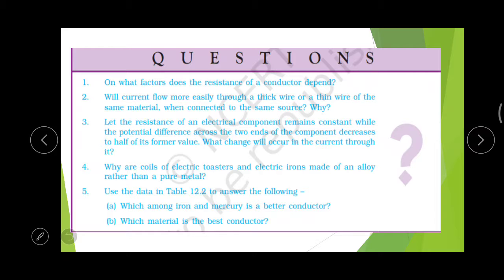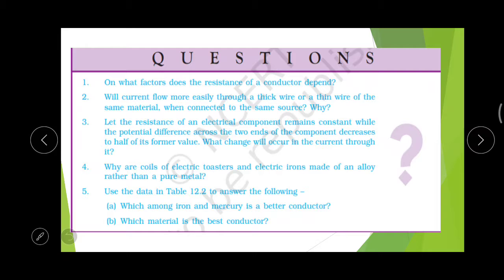Now the second question is, will current flow more easily through a thick wire or a thin wire of the same material when connected to the same source? The same material means rho is the same, the same source means V is also the same. The only value you have to consider is the change in the cross sectional area.